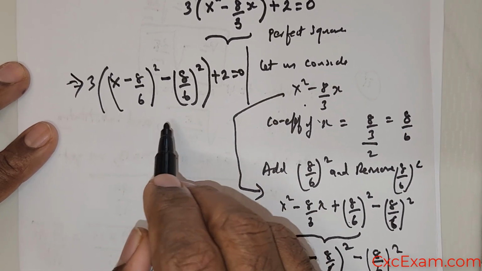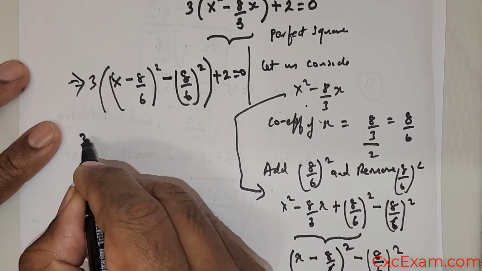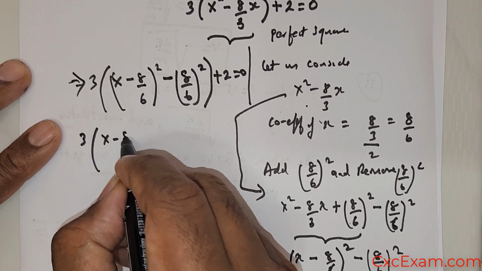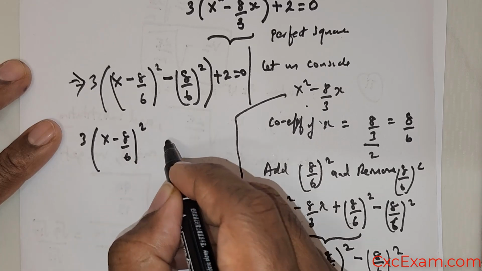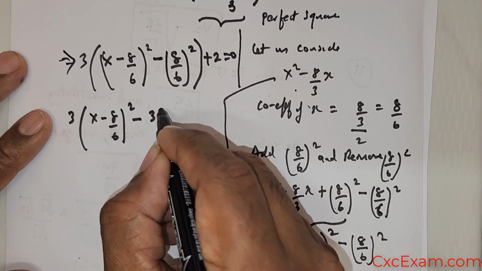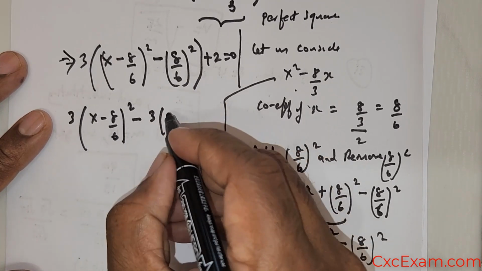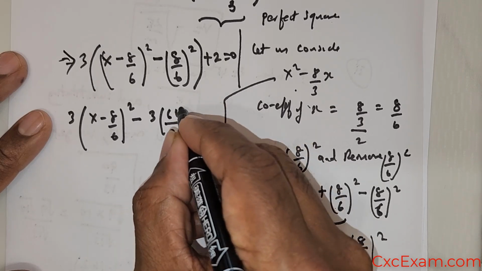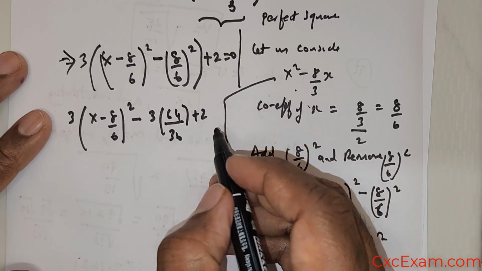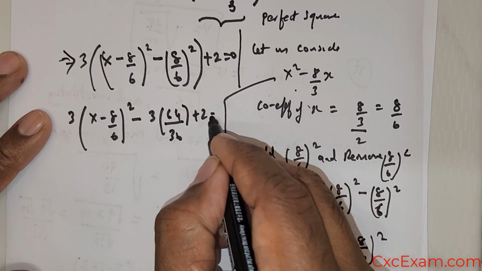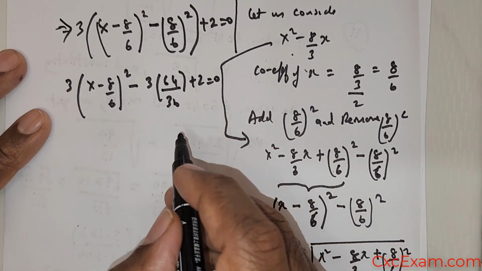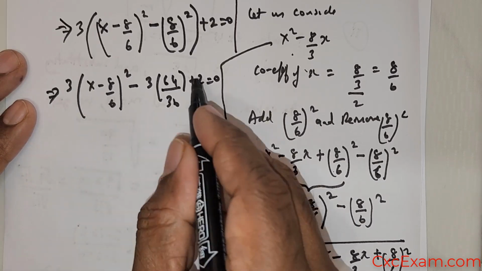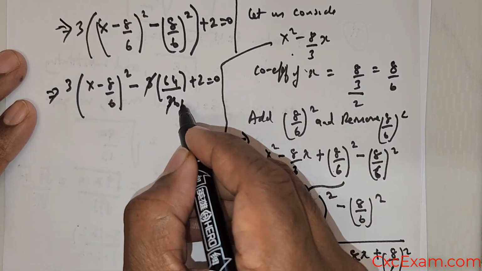Now what is this exactly? I can rewrite this as 3 times x minus 8 over 6 whole squared minus 3 times of 8 squared is 64, and 6 squared is 36, positive 2 is equal to 0. This can be simplified. 3 divides 36 12 times.